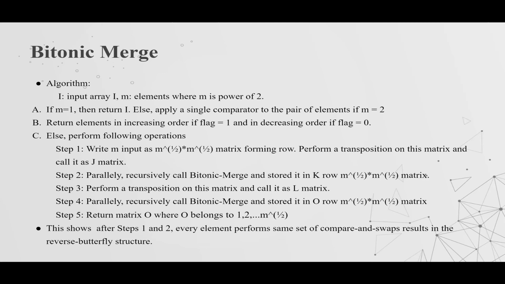So we store those rows into J. After that, we recursively call and sort it in the square root by square root matrix, and then we perform the transpose of this matrix and store it in L.